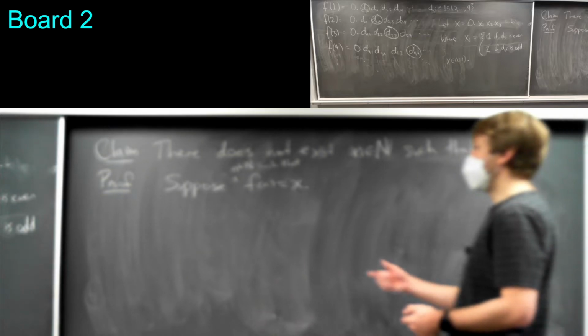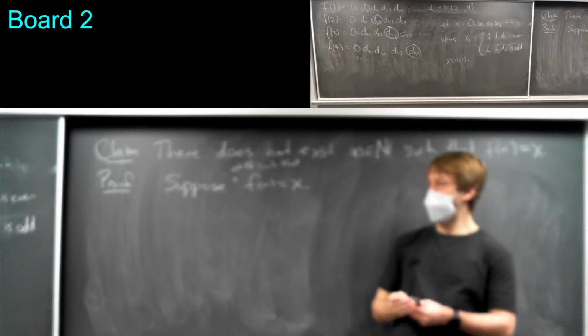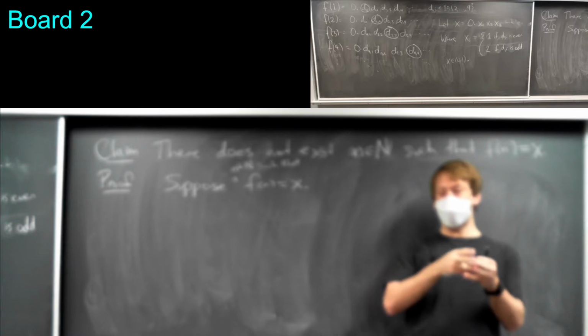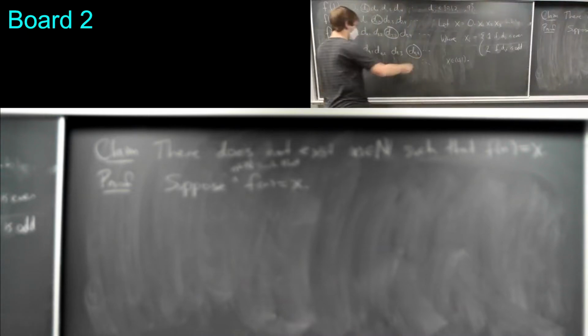So can anyone see why this is impossible? Yeah? So basically, look at f of n. f of n is, I don't know, d_n1, d_n2, it has some sort of decimal expansion.